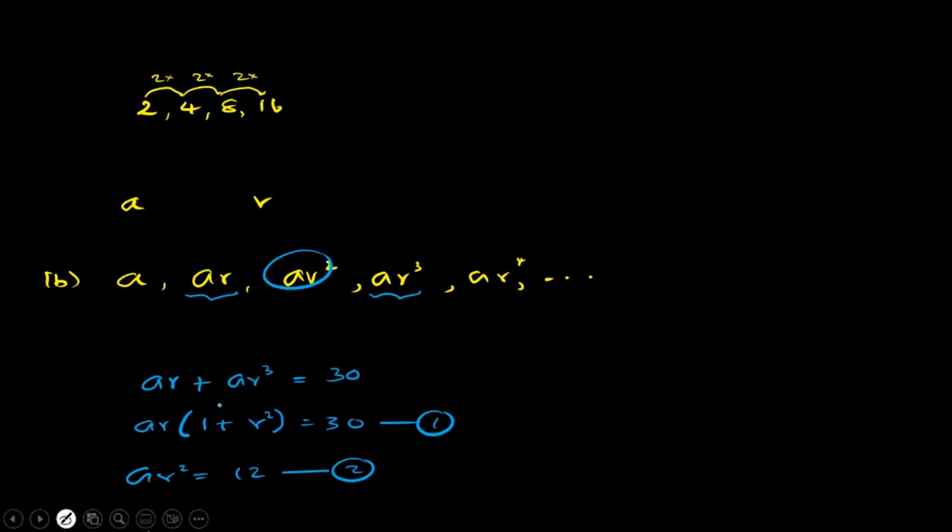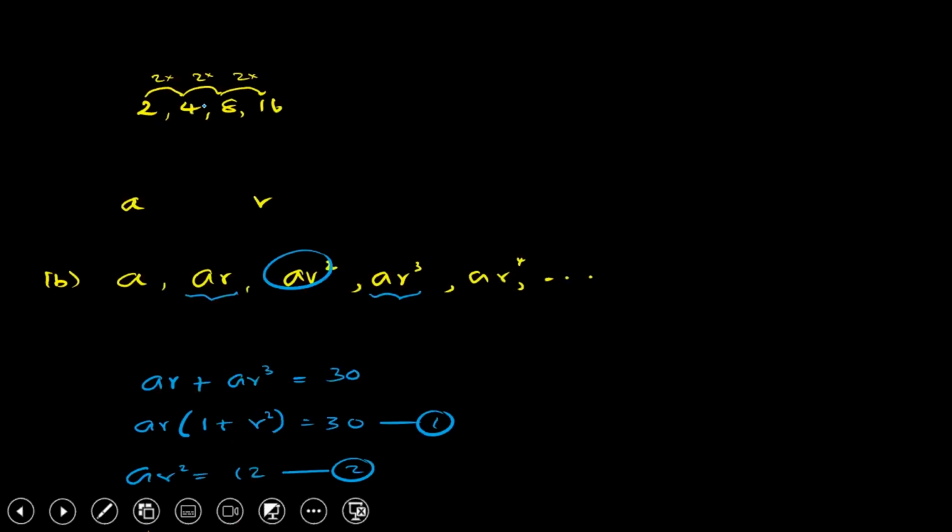I want to find the common ratio value, guys, so I'm going to remove this A. To remove A, you can divide the first equation by the second equation. The first equation is AR into 1 plus R square, divided by AR square, the second equation. This equals 30 divided by 12.